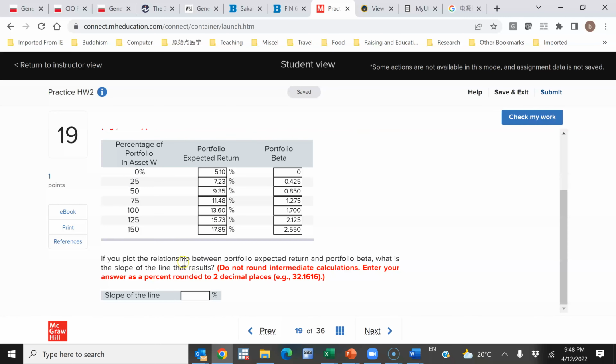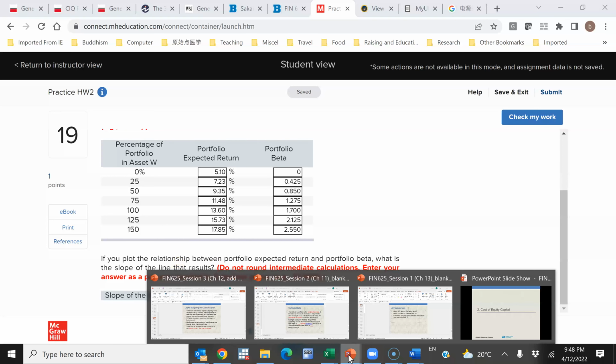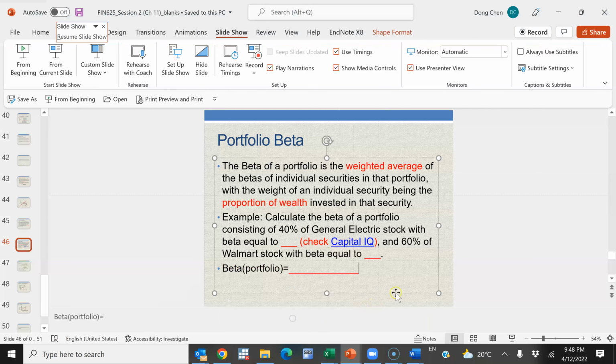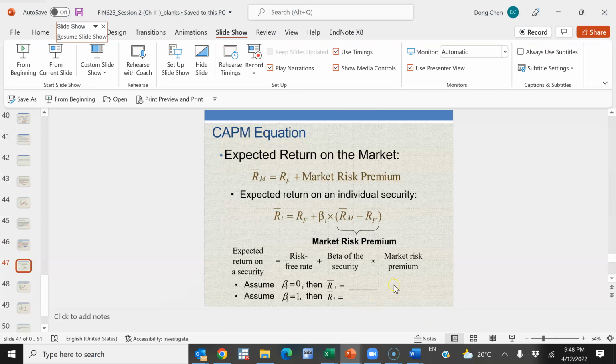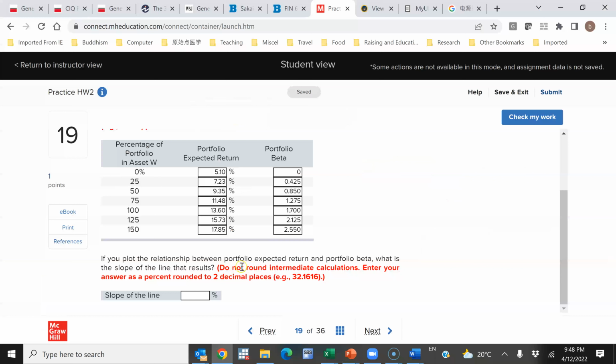So the last part of the question: if you plot the relationship between portfolio expected return and portfolio beta, what is the slope of the line that results? It's actually asking a very general question because this is the so-called security market line. The security market line basically plots the expected return against beta.